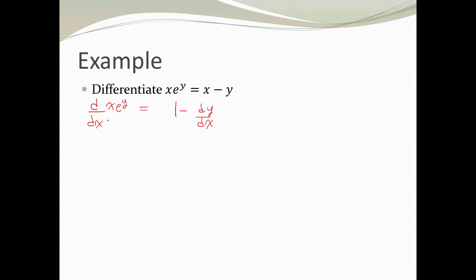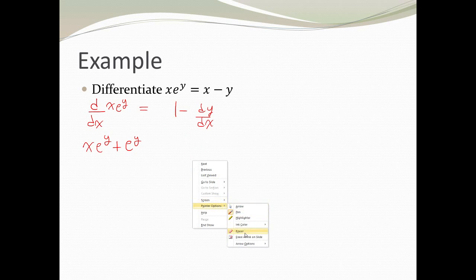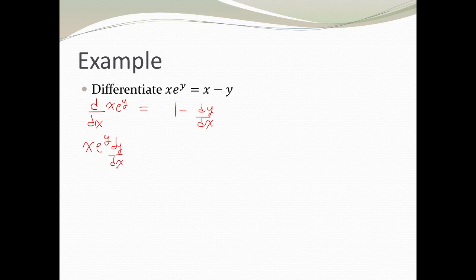The derivative of x e to the y will require the use of the product rule. The product rule tells me this will be x times the derivative of e to the y, which is e to the y, but I almost forgot, this is going to be e to the y dy dx, because we're differentiating e to the y with respect to y times dy dx.